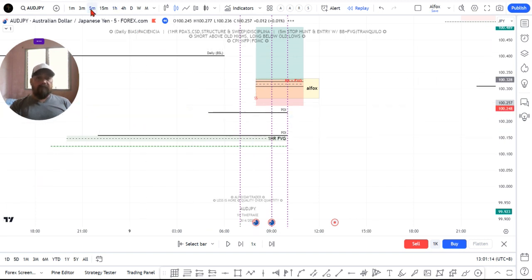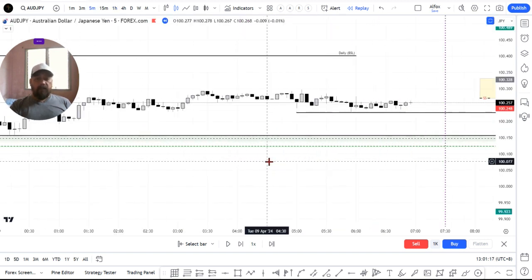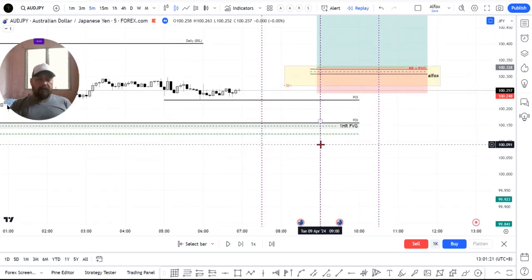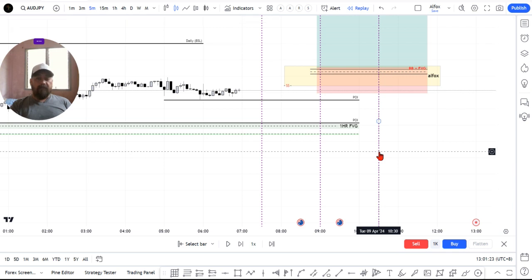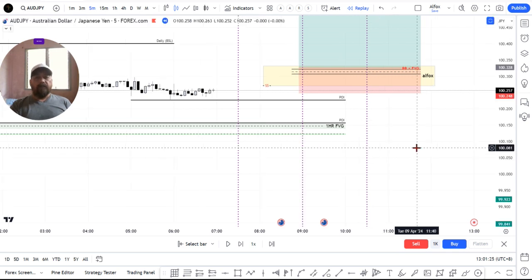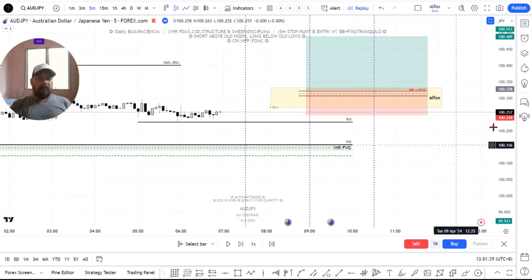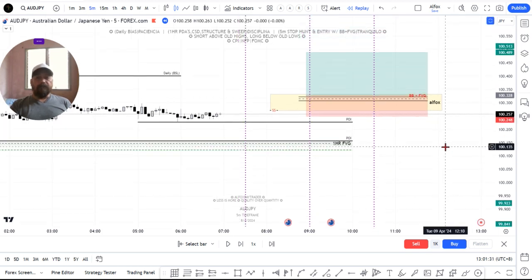If you go to our 5-minute time frame, you will see that we have three lines here: 7:30, 9 a.m. and 10:30 a.m. So this is the second quarter and the third quarter in our quarterly zone.